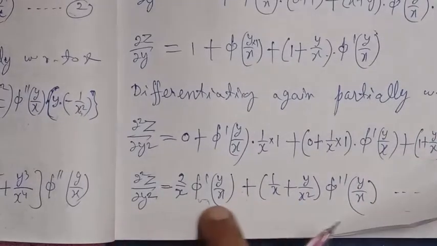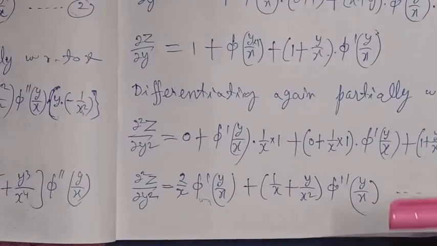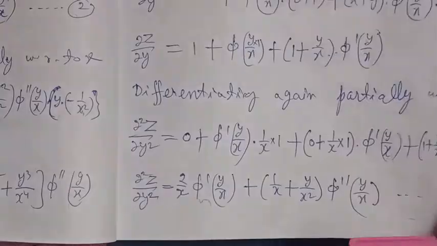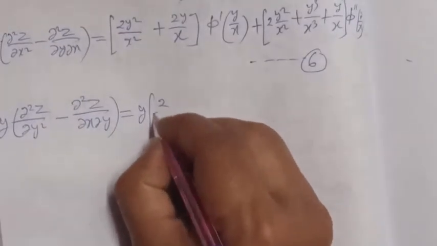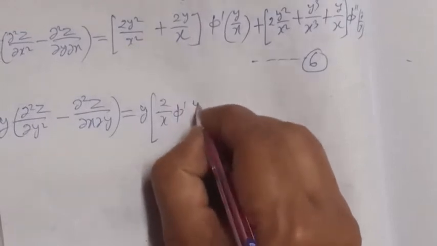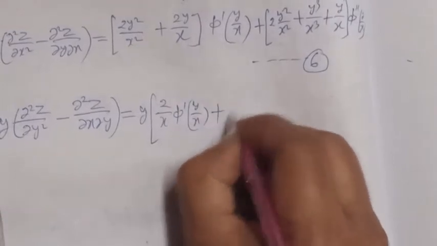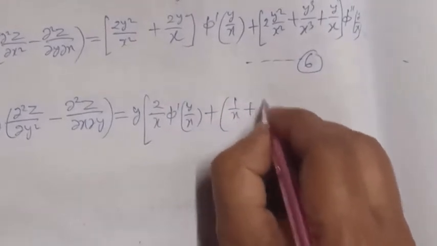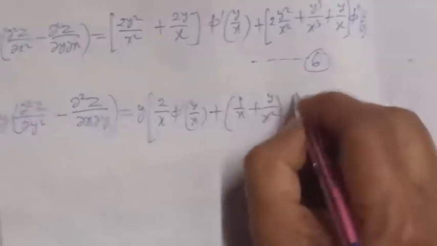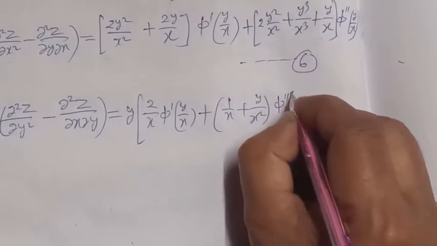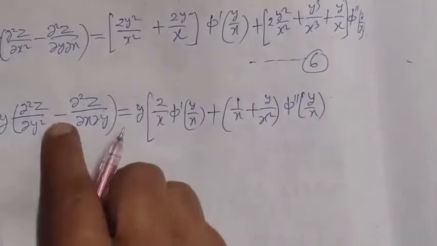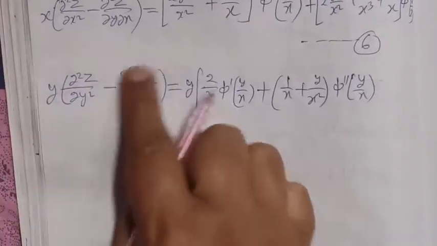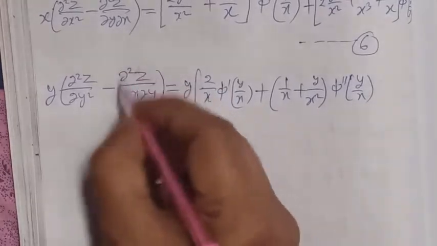So I write this value as it is without any change: 2 upon x φ dash y upon x plus 1 upon x plus y upon x square φ double dash y upon x.